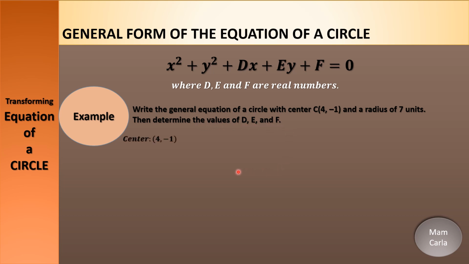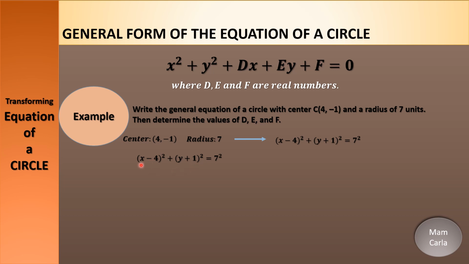So the solution, the center is at (4, -1) and the radius is 7. Writing this in standard form, we have (x - 4)² + (y + 1)² = 7². Now from here, we need to express each square of binomial into a perfect square trinomial.